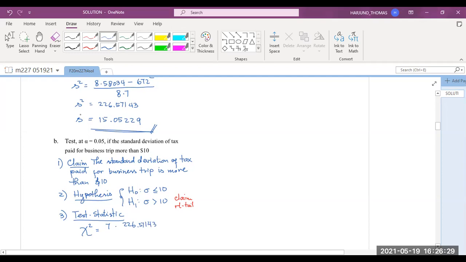You can use the sample standard deviation, but you need to square it. Well, if you square it, you get that number back, right? Over population variance 10 squared, which is 100. I get 15.86.